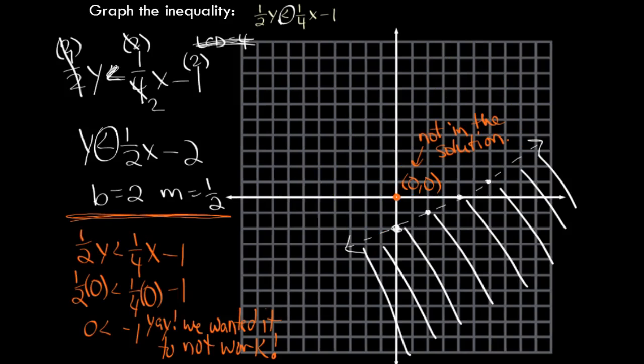And then the last one we did there, we'll label it with blue. 1/2 y is less than 1/4 x minus 1. Normally I'd say label the x and y axis too, but it's not as important, and they're usually labeled for you already on a Regents.